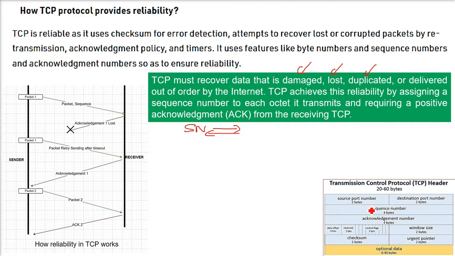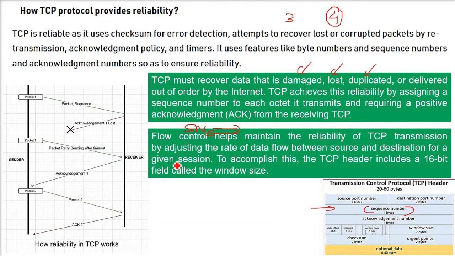The sequence number is the number of the first byte; it is actually randomly generated, but that is the first number. So you need to get the reply or the acknowledgement, that is ensuring reliability. If you are not getting it, TCP will send it again, retransmit it.